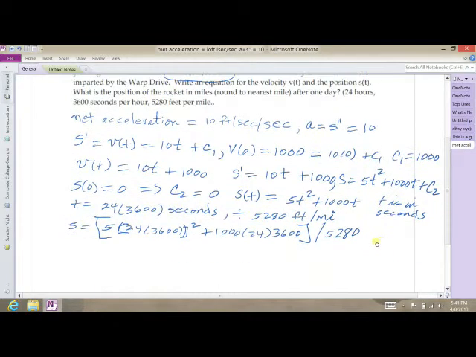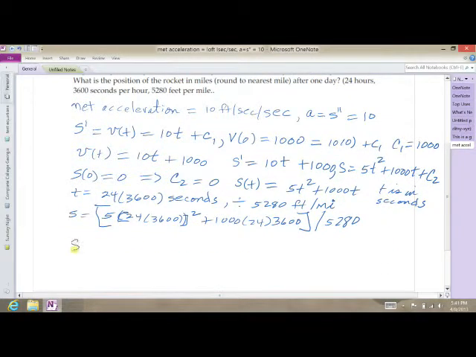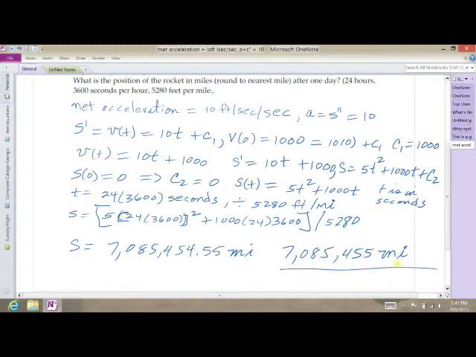And when we do this, we see that s is equal to 7,085,454.55 miles, which we would round off to the nearest mile as 7,085,455 miles. So this rocket really took off with this warp drive.